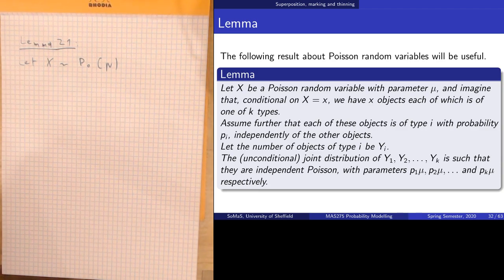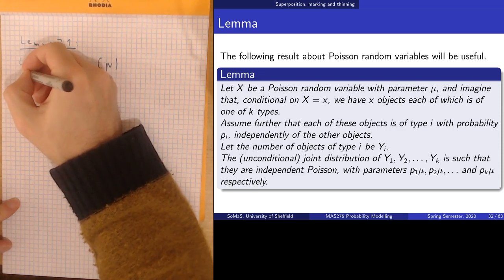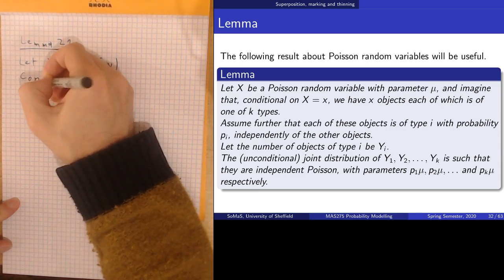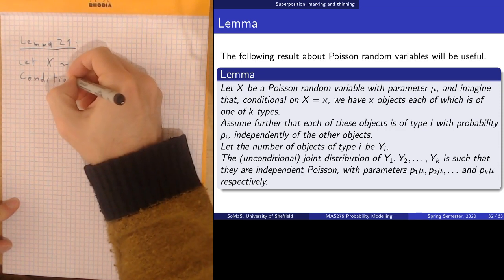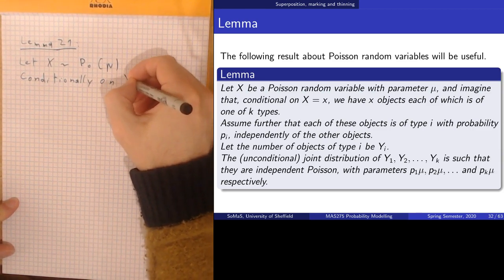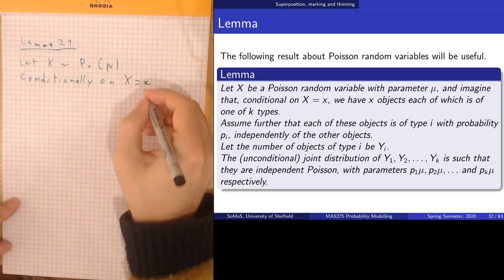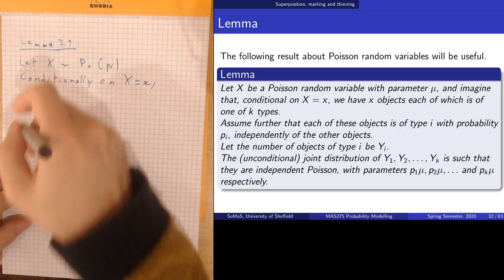And say that X is a number of objects. So, well, as we say, conditionally on the value of X, the value of capital X will be called small x, we have x objects.